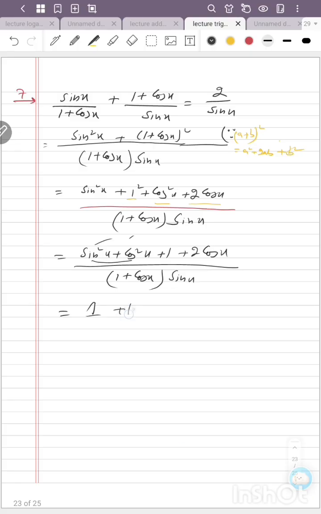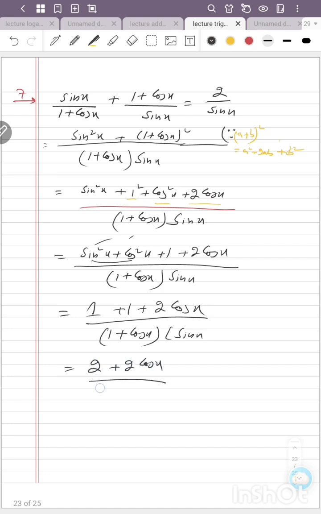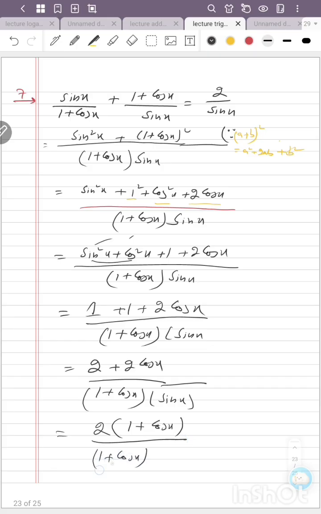Okay, plus 1 plus 2 cos x, over 1 plus cos x into sin x. 1 plus 1 will be 2, plus 2 cos x, over 1 plus cos x times sin x. Here 2 will be common: 2 times 1 plus cos x divided by 1 plus cos x into sin x.